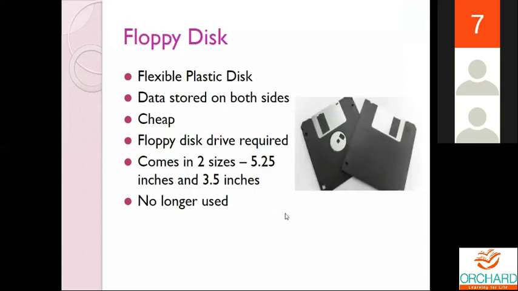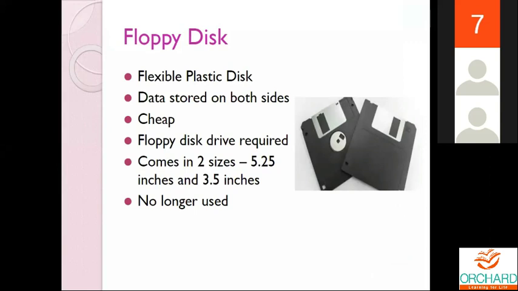And floppy disk. See, these floppy disks are flexible plastic disks. It is coated with a magnetic material. Cost-wise, it is cheaper. It consists of two sides, so on both sides we can store the data.